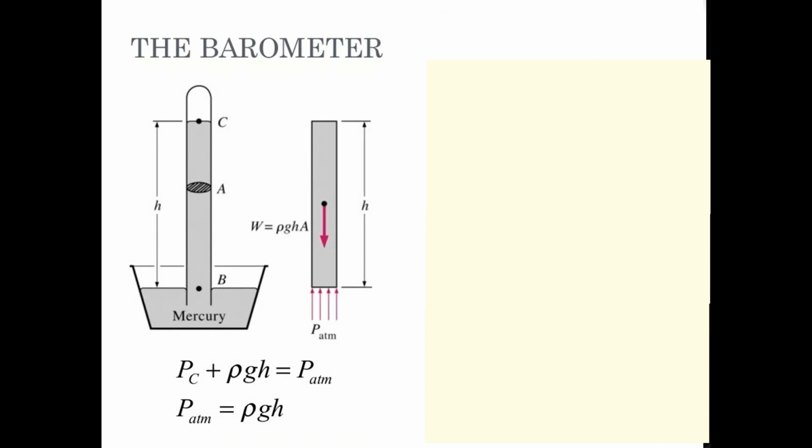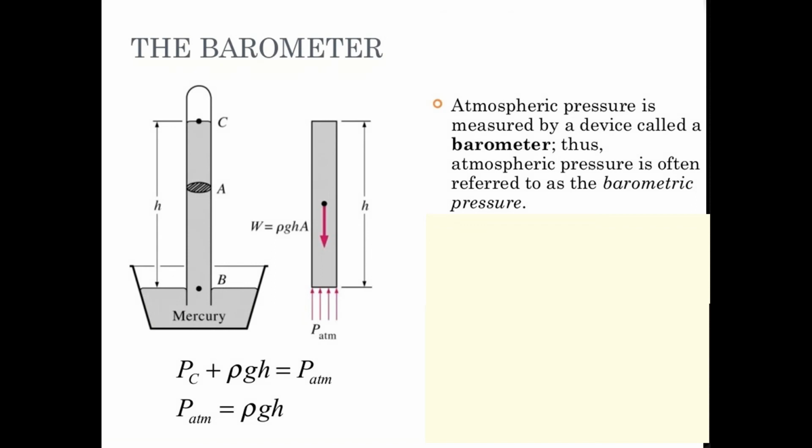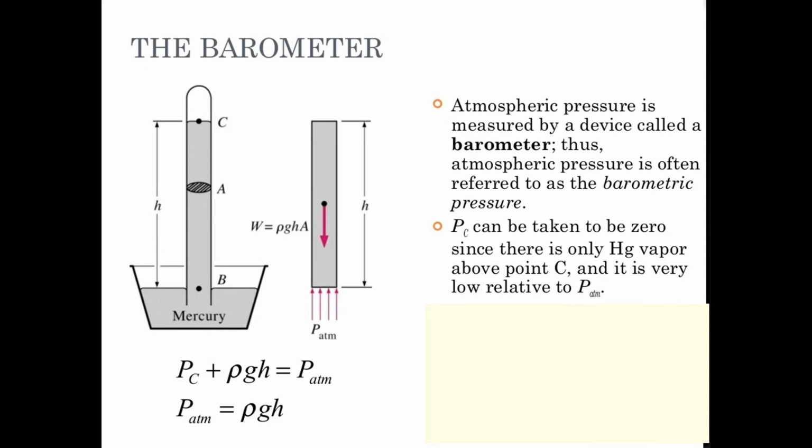Hence, PC or the inside pressure, the confined pressure inside the test tube, will be added to gamma H, and that would equate to the atmospheric pressure. Atmospheric pressure is measured by a device called a barometer. Thus, atmospheric pressure is often referred to as the barometric pressure. Now, the confined pressure PC can be taken to be 0 since there is only mercury vapor above point C and it is very low relative to the atmosphere.